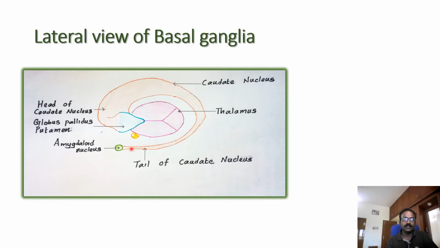The tail contains the amygdaloid nucleus. This is the putamen. This is called the globus pallidus. This is the thalamus. This is the lateral geniculate body. It looks like a rat eating an egg. So this is the lateral view of basal ganglia.